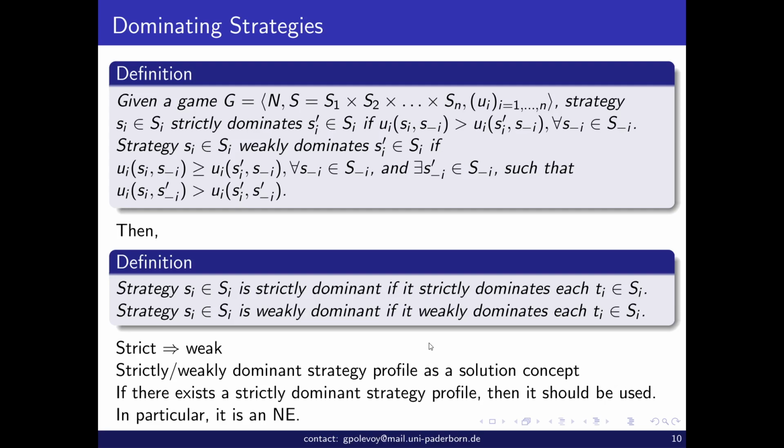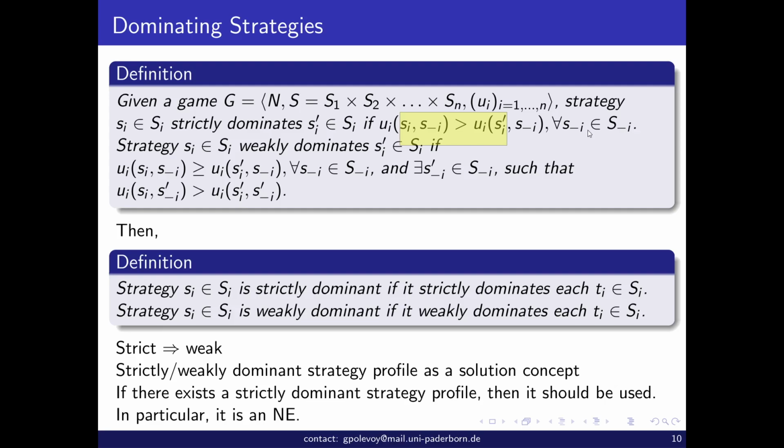So given a game made of players, strategies S and utilities U, a strategy Si of player i strictly dominates strategy Si prime of that player if the utility of that player when it plays Si is strictly larger than what the player gets when it plays Si prime for any set of strategies for others.